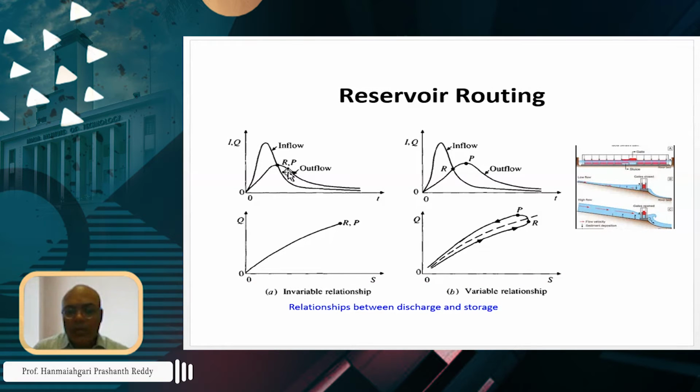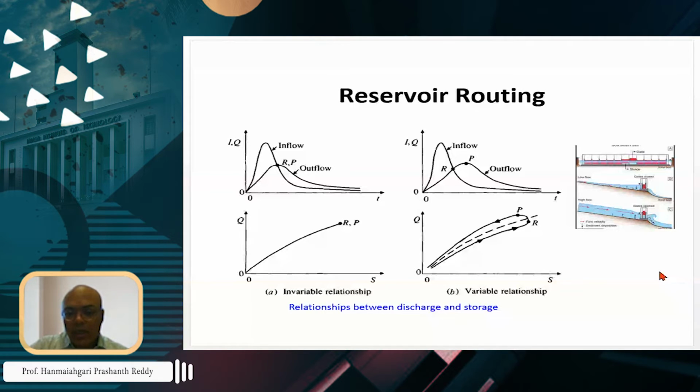So for multiple inflow and outflow hydrographs, if R and P are plotted between Q and S, then the relation between Q and S is a single curve, and there is one maximum outflow and maximum storage, that is the terminal points of this curve, shown with R and P. So here you can see that for a given Q and S, there is only one R comma P. So this is called an invariable relation.